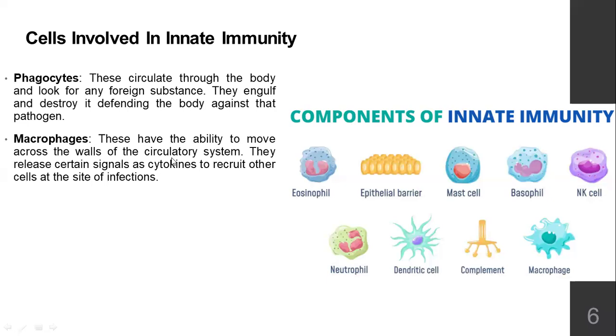Macrophages, again, have the ability to move out of the circulatory system. Macrophages are supposed to be inside your blood, but as soon as they sense some invasion has taken place outside the blood in any cell, they have the capability to move out of the circulation.